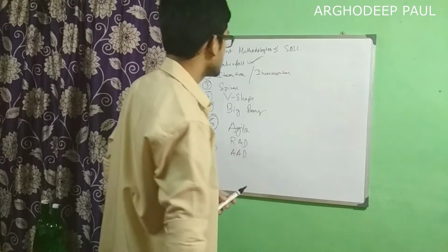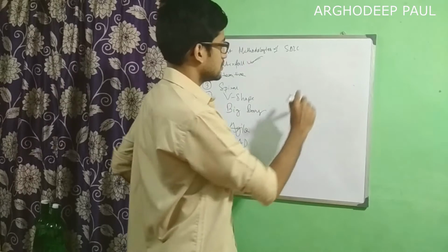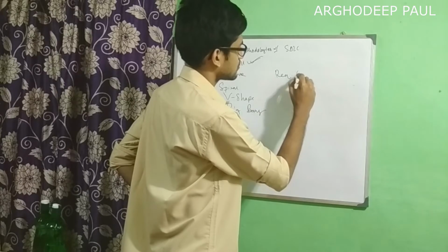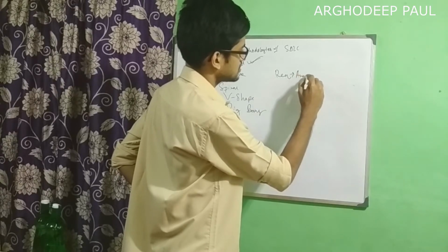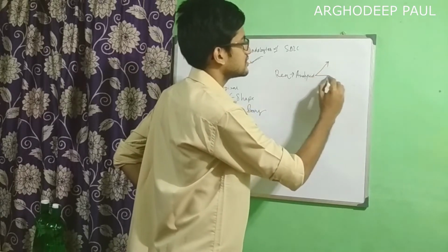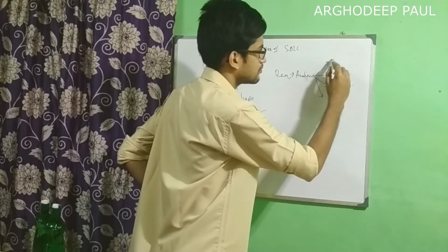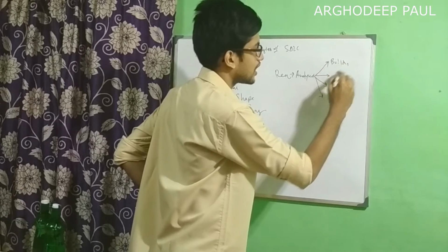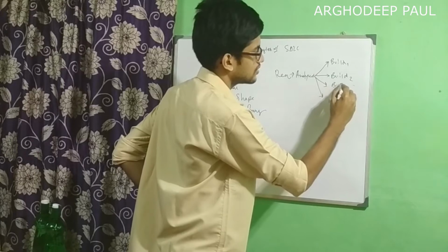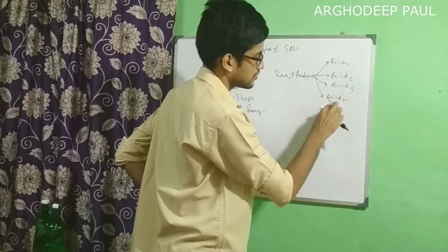Then the iterative or incremental model. First, the requirement will be gathered. It will be analyzed also, but the twist begins. This will be branched up to n: build 1, build 2, build 3, and up to build n.